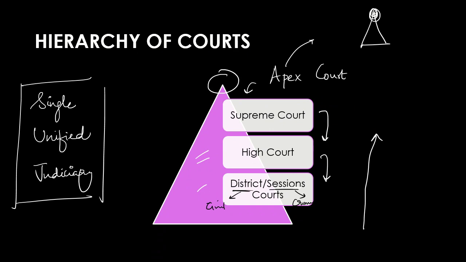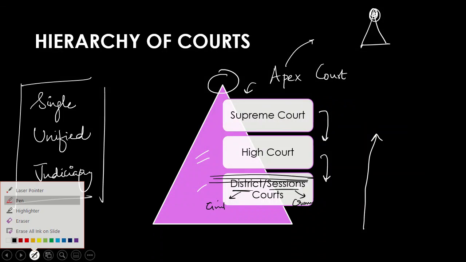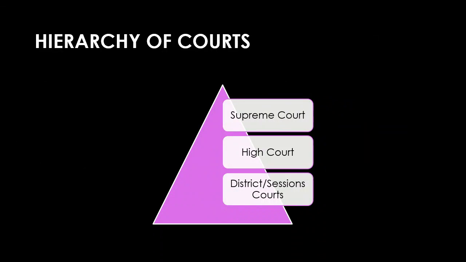Don't worry. For the time being, you can just remember that these are lower courts. Now, why am I telling you all of this? I'm telling you this because there's something called appeal. Now, let us say you went to the lower court first. Obviously, you go there with a certain dispute.